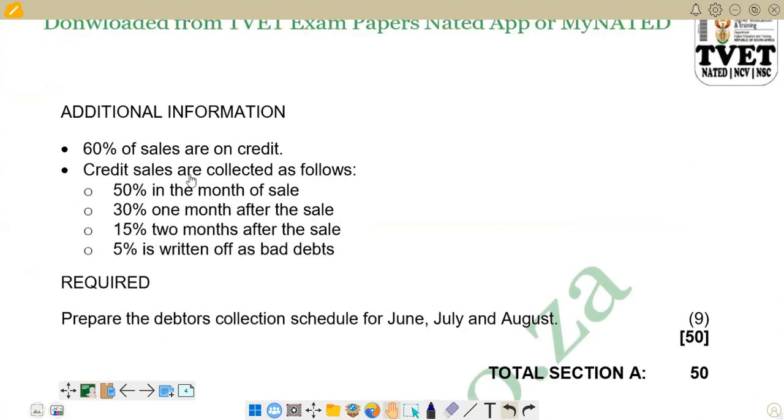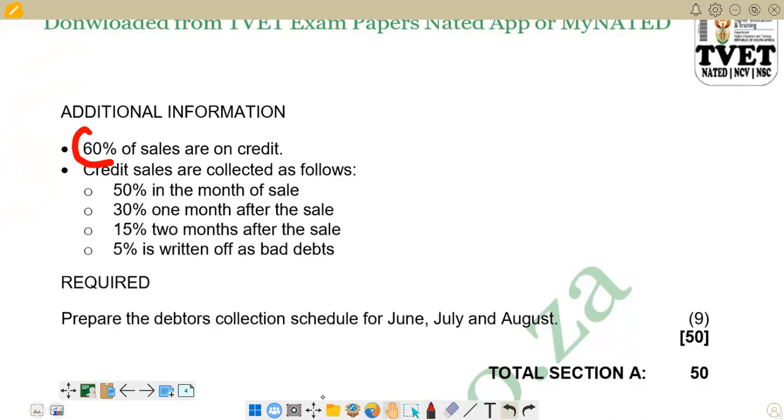First of all, we have to calculate the proportion of our credit sales, which is 60%. We take the total sales that we are given and multiply by 60%, and that gives the credit sales. Then we allocate these payments: 50% in the month of sale, 30% one month after the sale, then 15% two months after the sale.